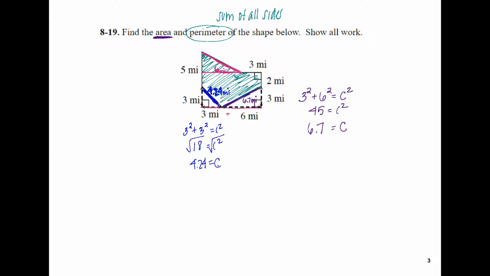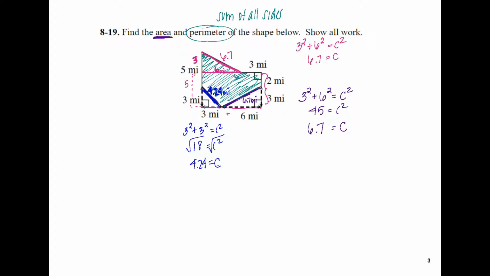We then have a length of 5. So we can say this length is 5, which would make this side of our triangle 3. So we can use the Pythagorean theorem, 3 squared plus 6 squared equals c squared. So we know that c is approximately 6.7.